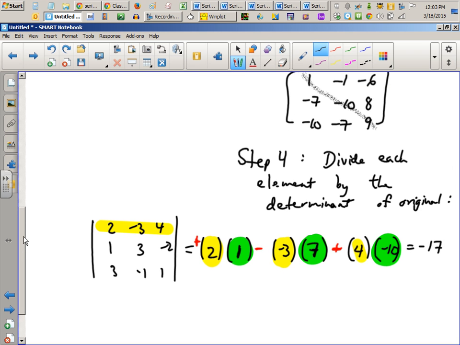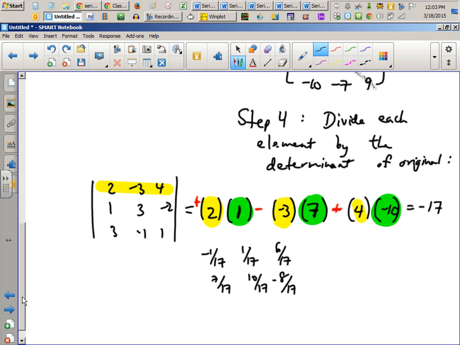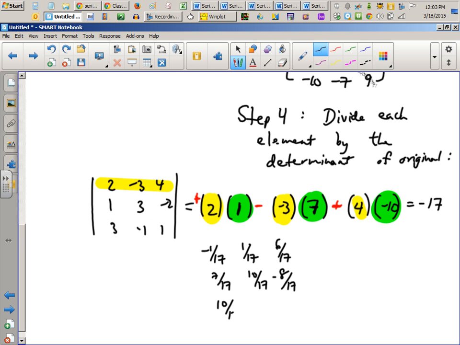Okay, so at this point you have 2 options, okay? You can take this step very literally and actually write -1/17, +1/17, +6/17, 7/17, 10/17. I'm going through and dividing every single term by -17. 10/17, 7/17, -9/17.